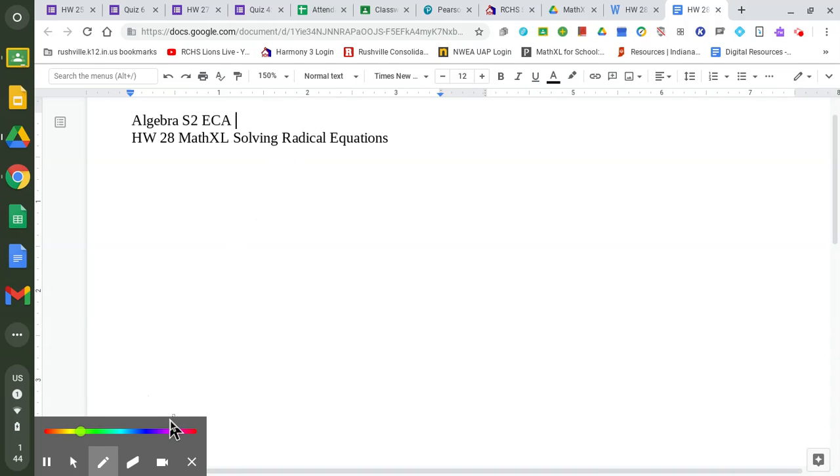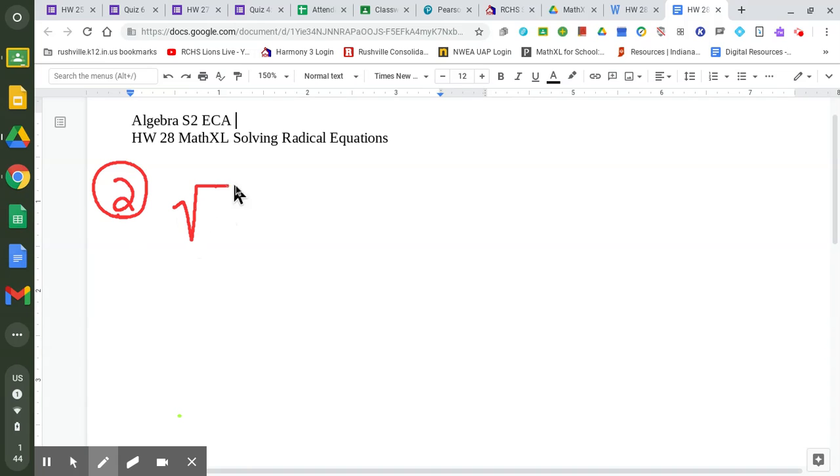Okay, problem 2 is the square root of 3x plus 19 equals 7. So I have the radical isolated.